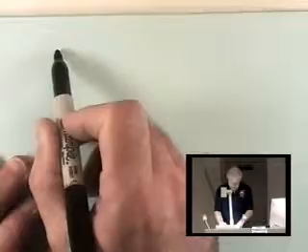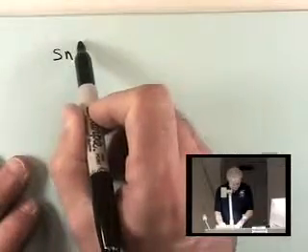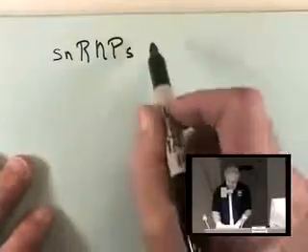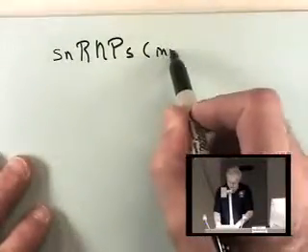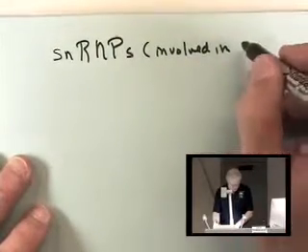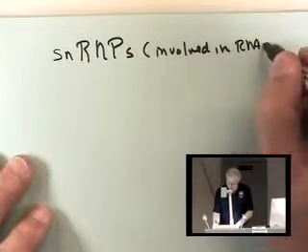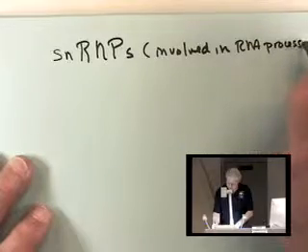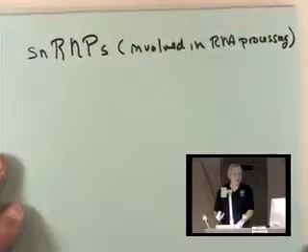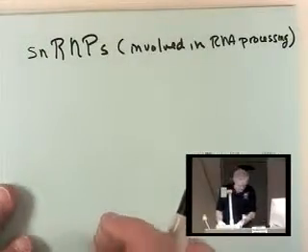So let's think about these SNRNPs a little bit more. They are involved in RNA processing, and RNA processing occurs only in eukaryotes, right?